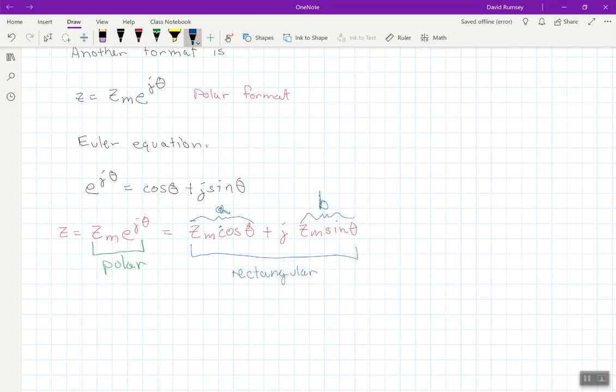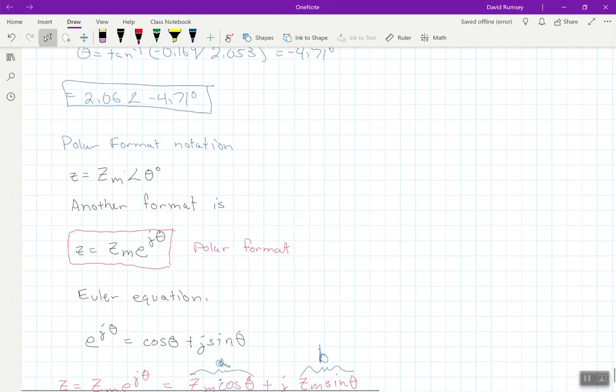Now, the reason I point this out is that the textbook will sometimes use this notation for complex numbers. It will also use this notation as well. So you just want to make sure that you can recognize that, hey, these are really saying the exact same thing.